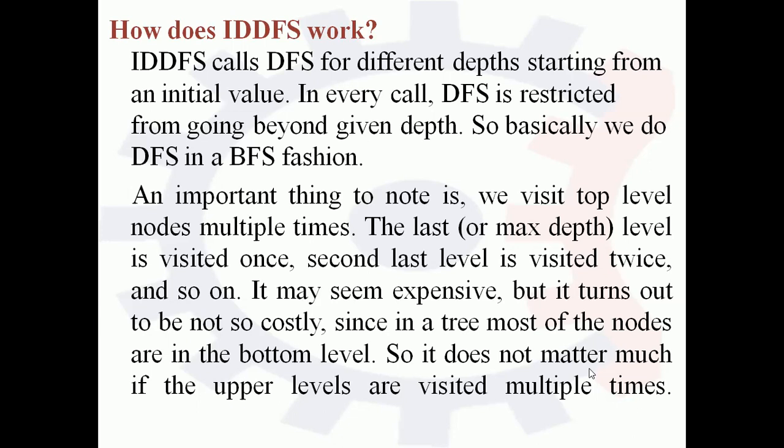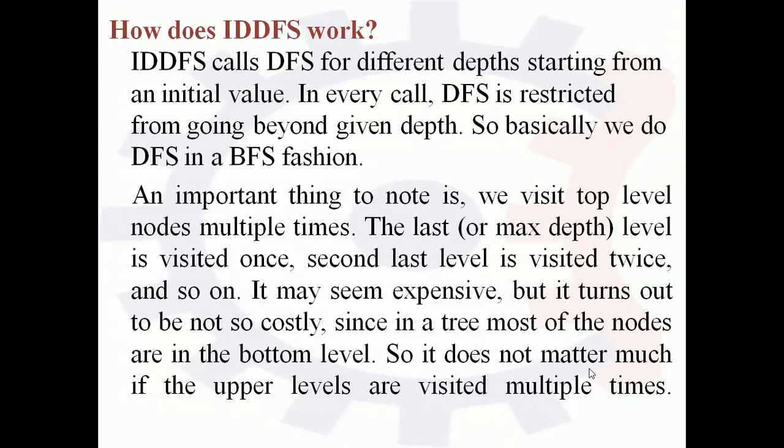An important thing to note is we visit top level nodes multiple times. The last or max depth level is visited once, the second last level is visited twice, and so on.